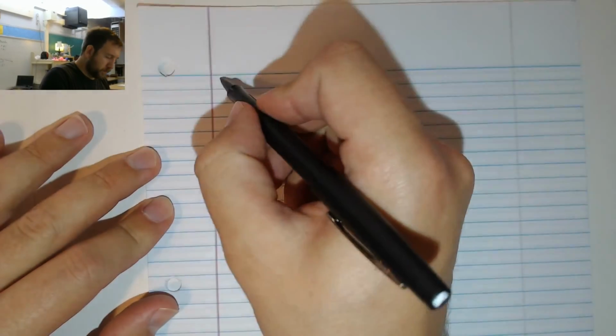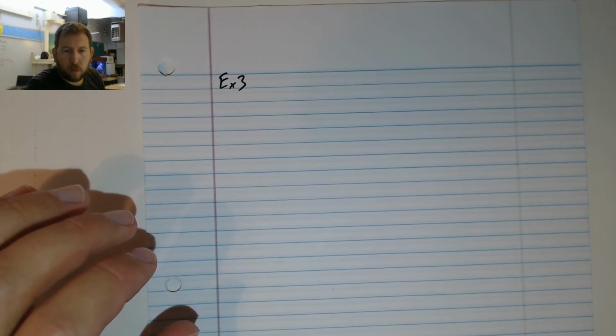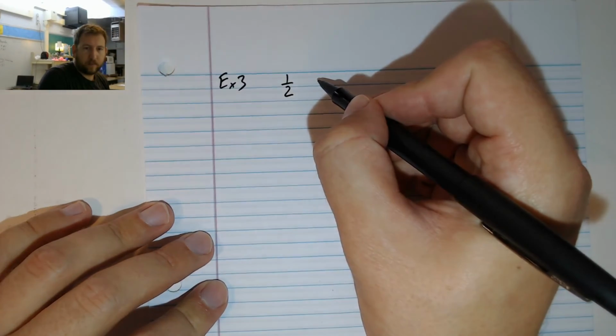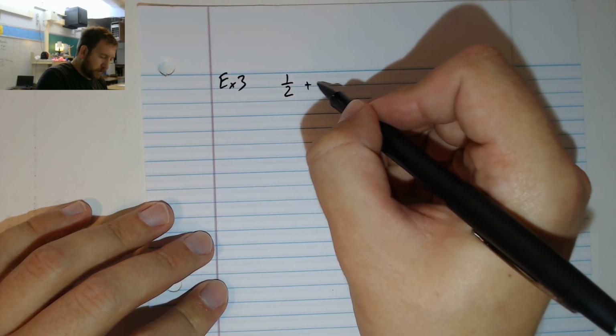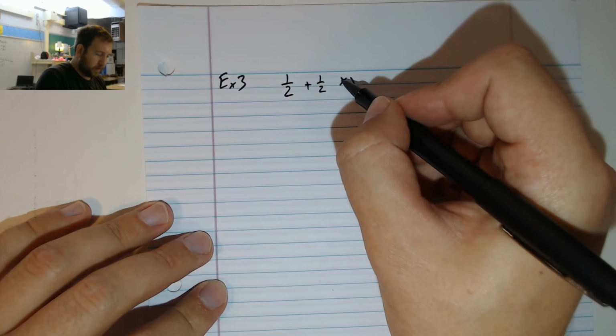Example 3. All right. Let's take a look at this one. We have 1/2 plus 1/2 plus x. Oops.